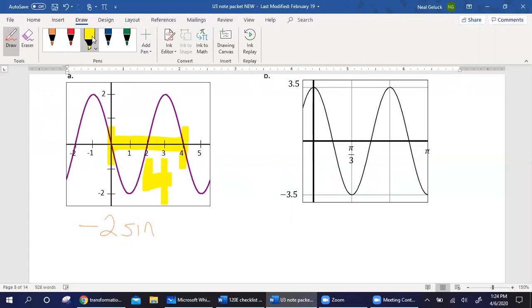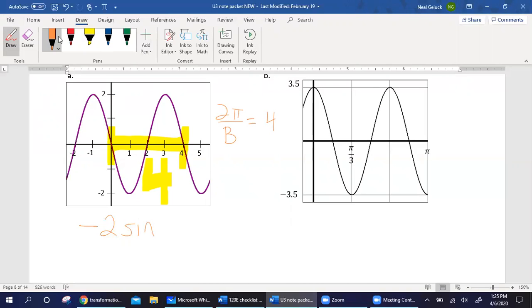Now remember, that does not mean 4 goes into the function. Remember that we talked about 2 pi divided by the b number gives me the period, which in this case is 4. I now am going backwards and trying to figure out what b equals. So basically, I got to solve this equation for b.